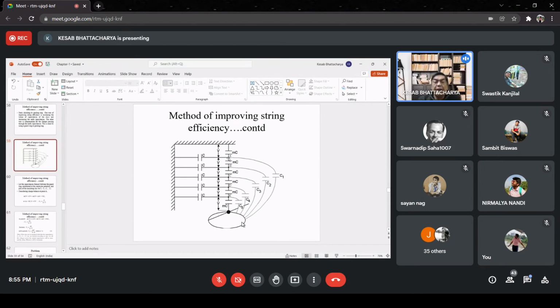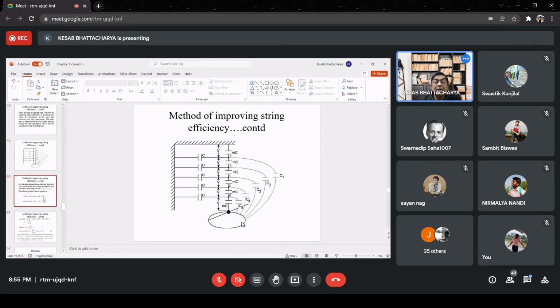At this node A, what is the voltage? (N-1)V into C1 is the amount of charge that is entering node A. Therefore, M into CV plus (N-1) into CV should be equal to the charges that are going out, that is M into CV plus CV.